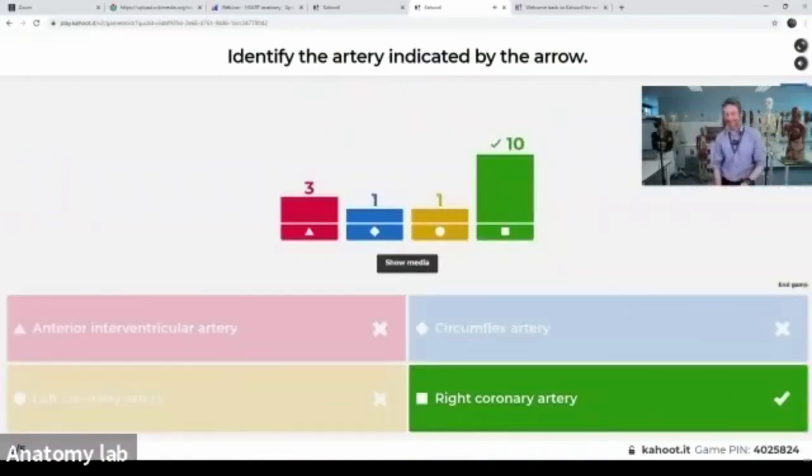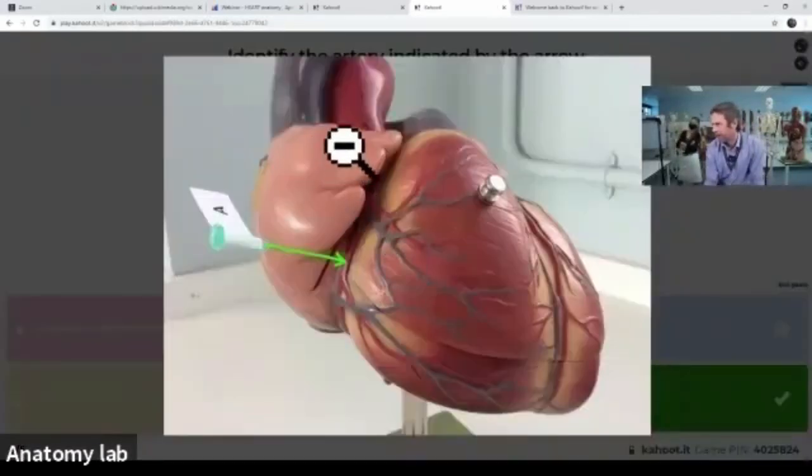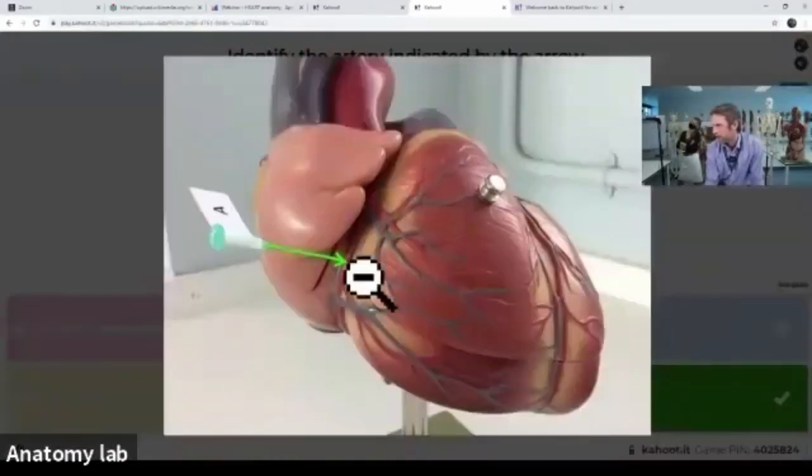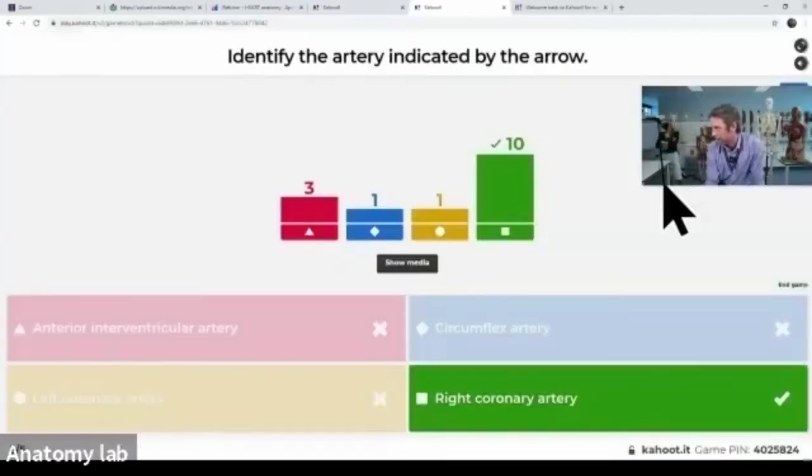Brilliant. It's a coronary artery, and it's on the right side, and it's in that groove, that sulcus, between the atrium and the ventricle. So this is the right coronary artery coming around here. The anterior interventricular coronary artery is over here.